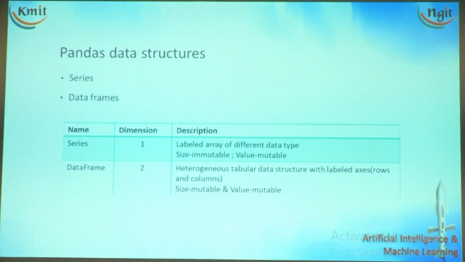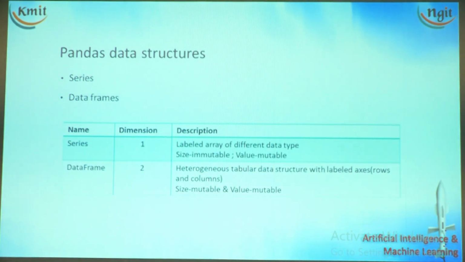When it is a one-dimensional data structure of Pandas, we call it a series, and the series is size-immutable in nature. It is a labeled array of different data types. Unlike a Numpy array, you can have heterogeneous elements inside a series. Clear with this, guys?